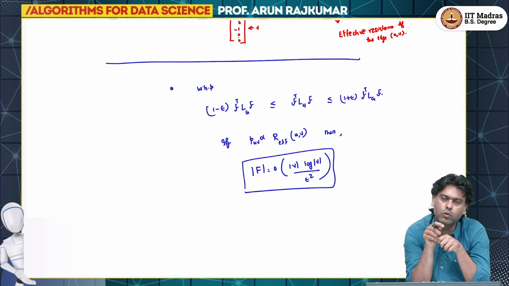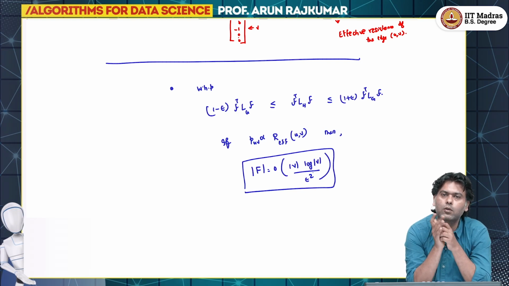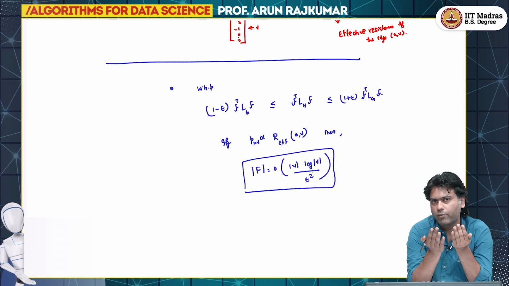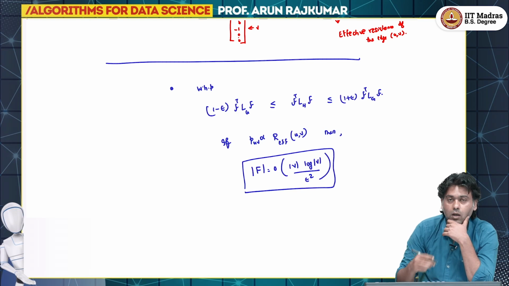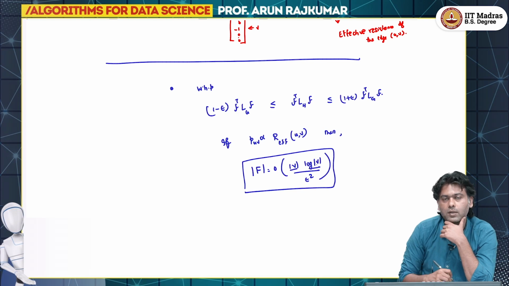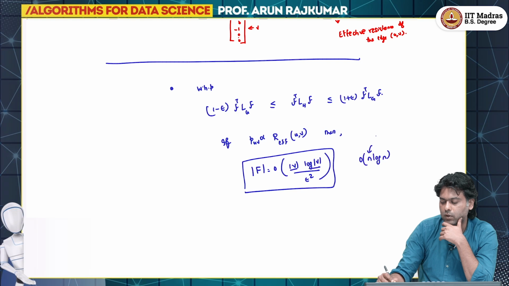If you want stronger and stronger approximations, then you are going to have less and less sparse graphs. That is going to be a trade off always, but in terms of asymptotics, this is going to be order of n log n, if n is the number of data points, and this can be shown.